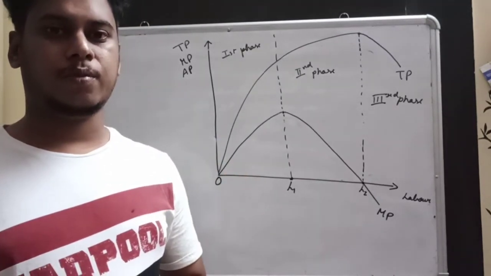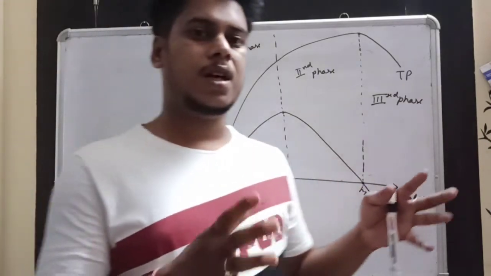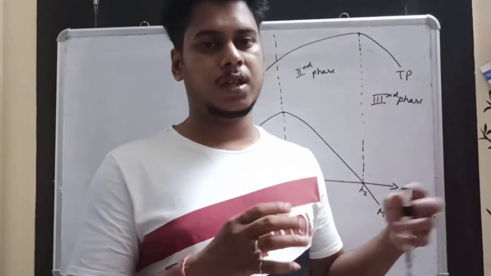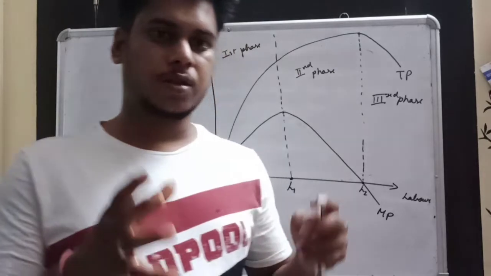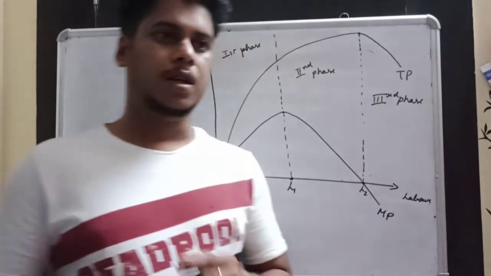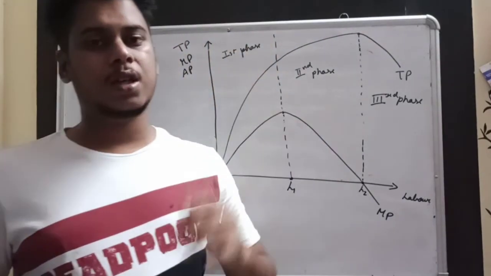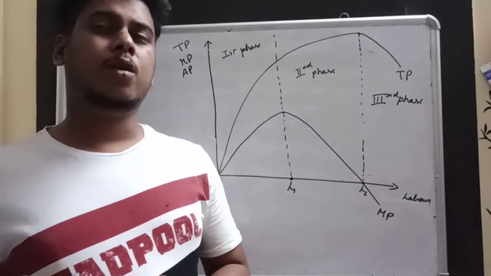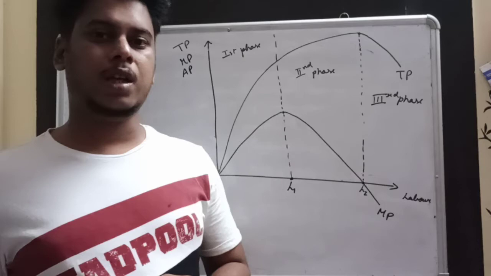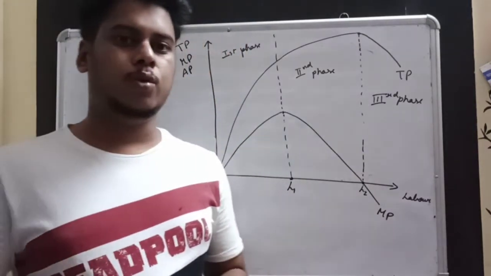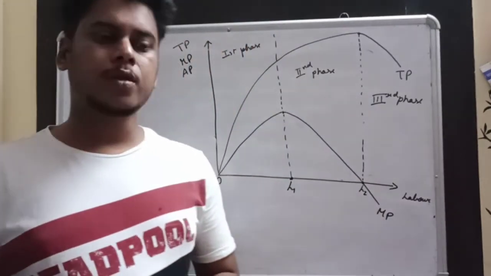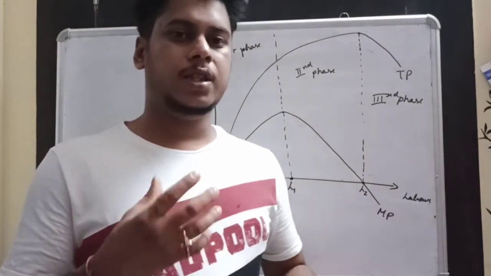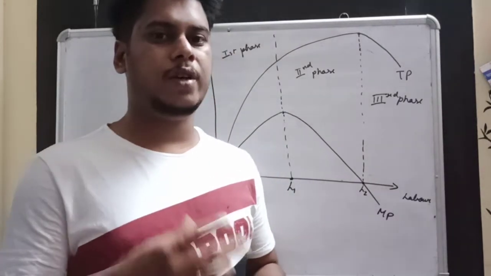The machines or capital assets are in huge quantity at the initial level of production, and we have very little variable input such as labor to operate them. So the work at the initial stage of production is going very smoothly.